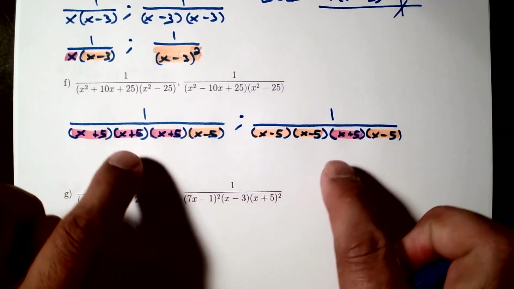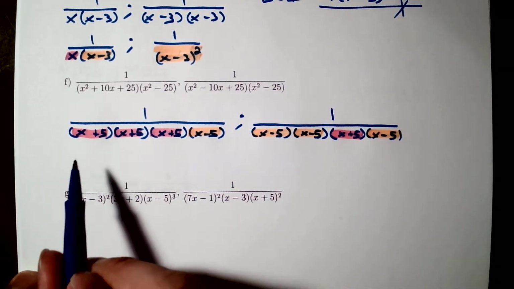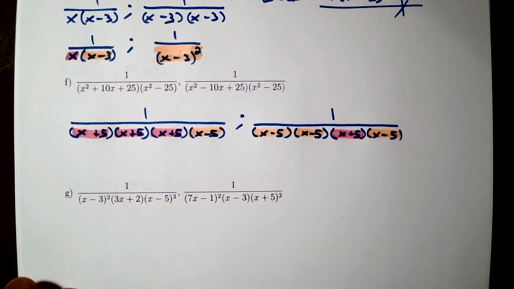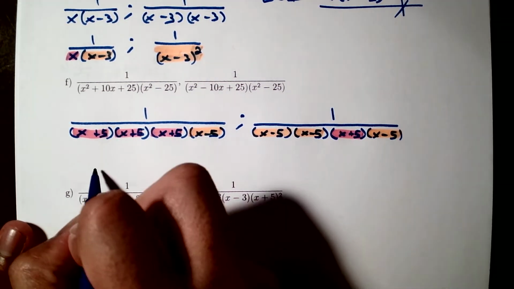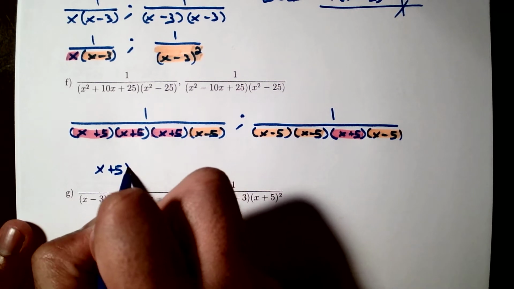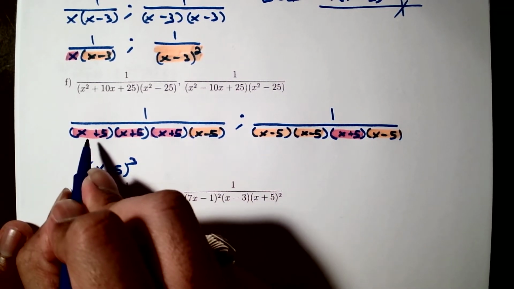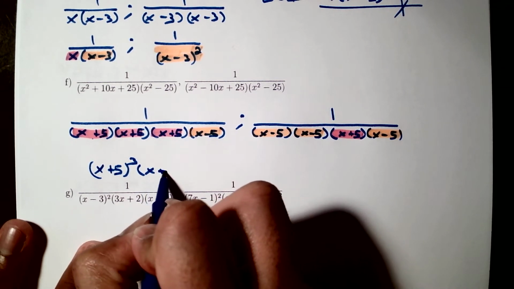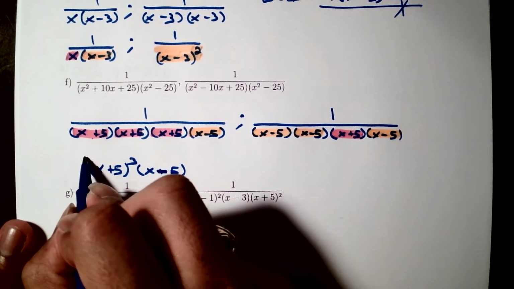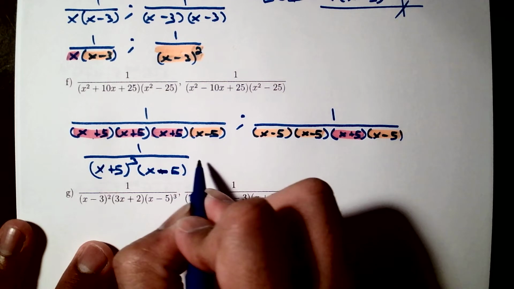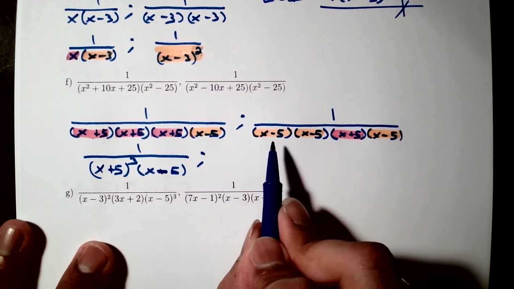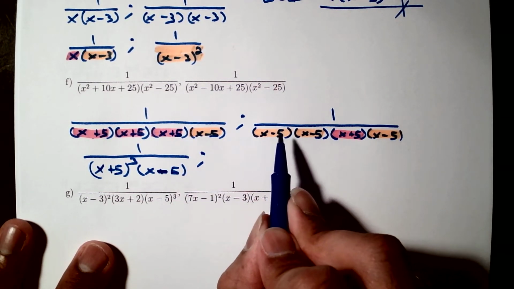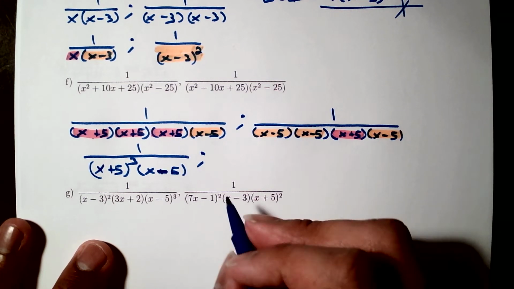We need to rewrite these fractions as powers of each repeated factor, that is x plus 5 to the third power, and that's because we have 1, 2, 3 factors of them, and then x minus 5. And then over here, observe the orange factors, x minus 5, x minus 5, x minus 5.